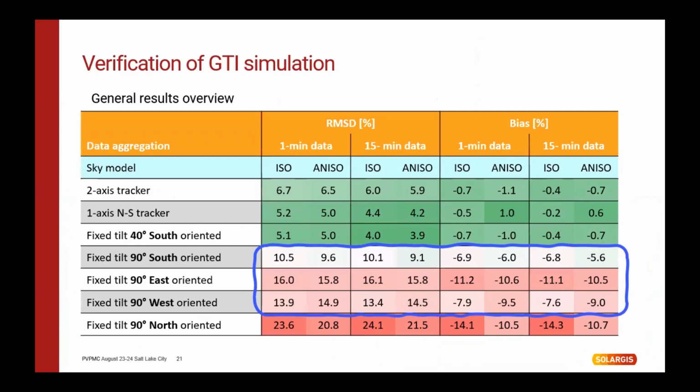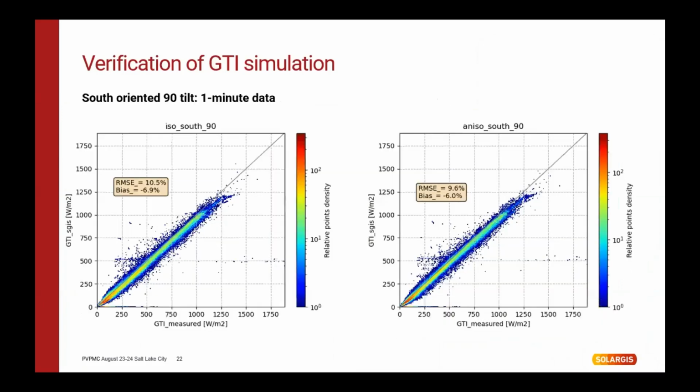More surprising were the results for these fixed vertical systems, which were in four directions. We see that south, east, and west provide very similar RMSE, and bias goes up to 10%, negative bias.